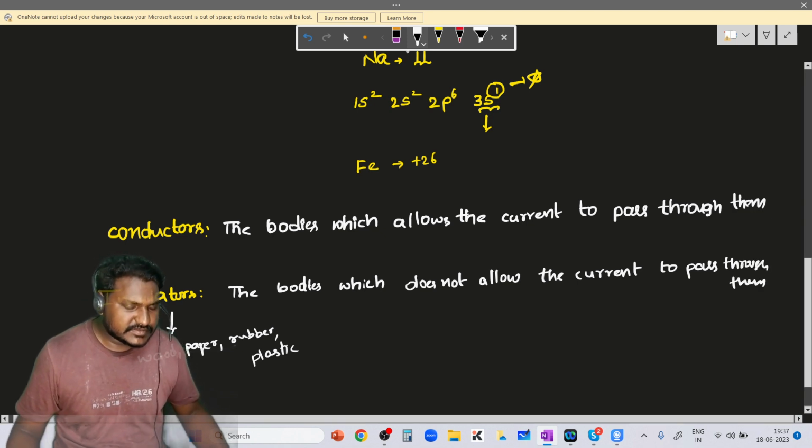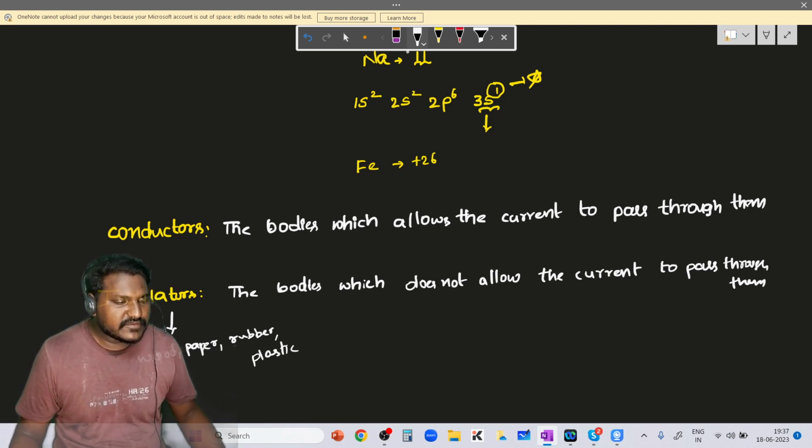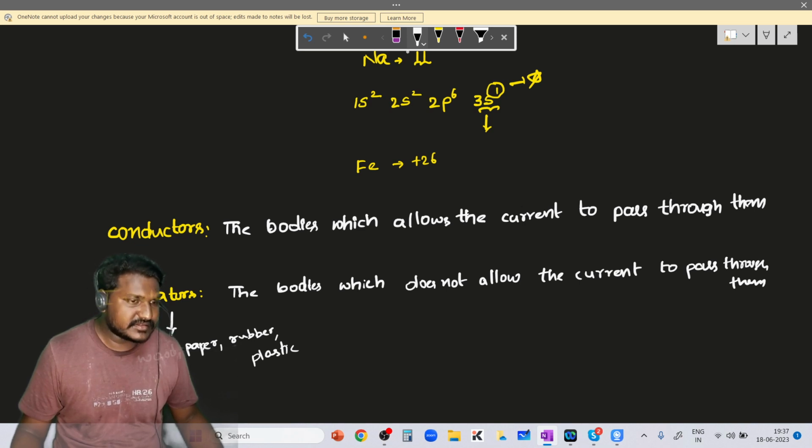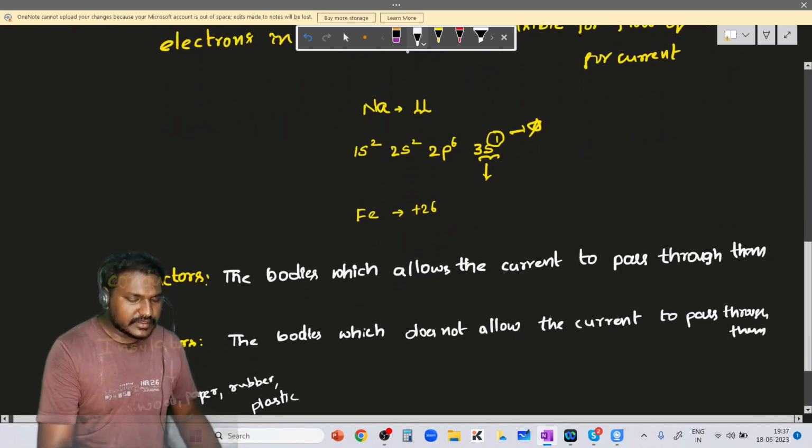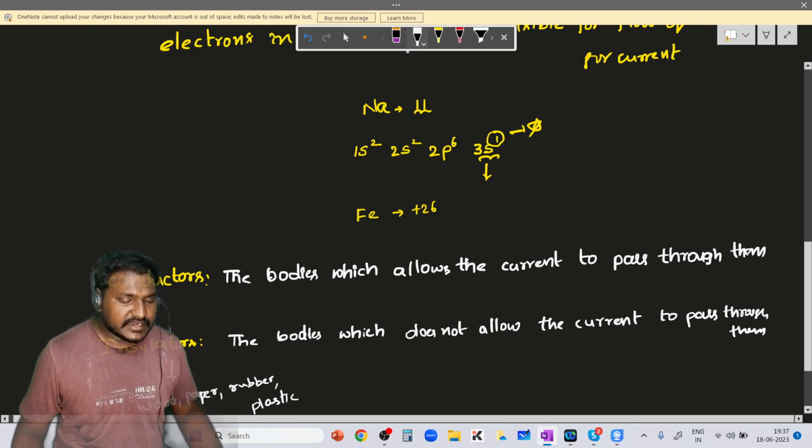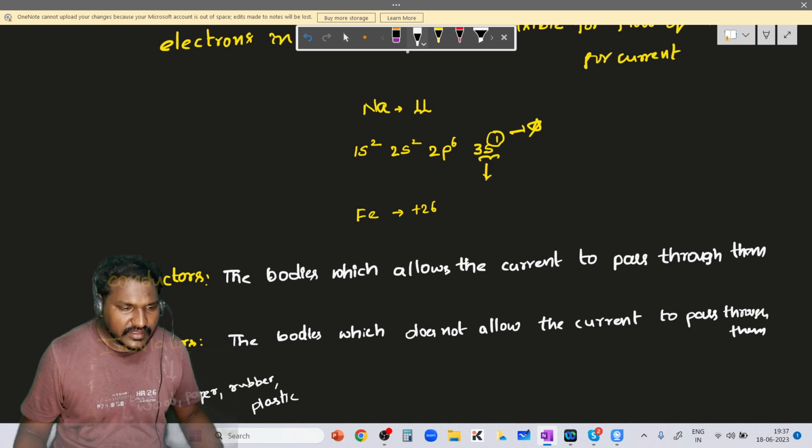So it is declared that the bodies which allow current to pass through them are known as conductors, and conductors only will pass the current. The reason why conductors can allow the current to pass through them is that they are nothing but metals, and all the metals will have free electrons, and the movement of free electrons causes current.